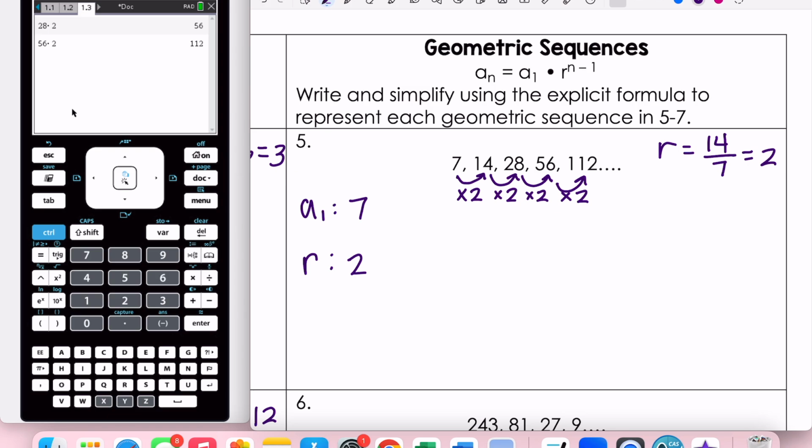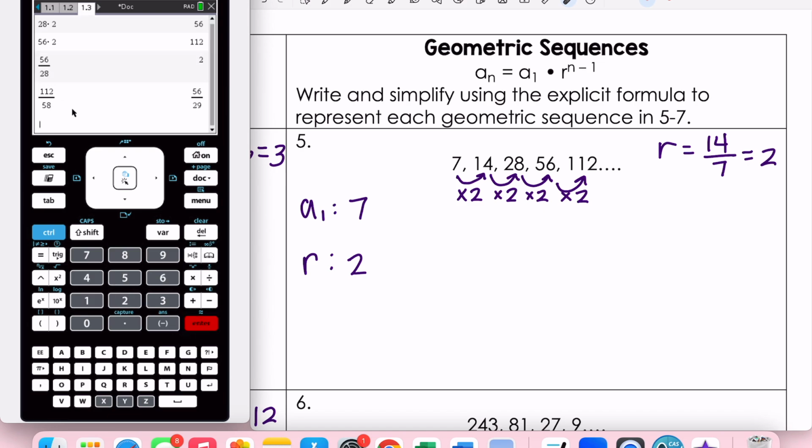You should be able to take any two consecutive terms and divide the most current value by the previous value, and you should always end up with that common ratio of 2. So for instance, 56 divided by 28 is going to give us 2. 112 divided by 56 is going to give us 2.